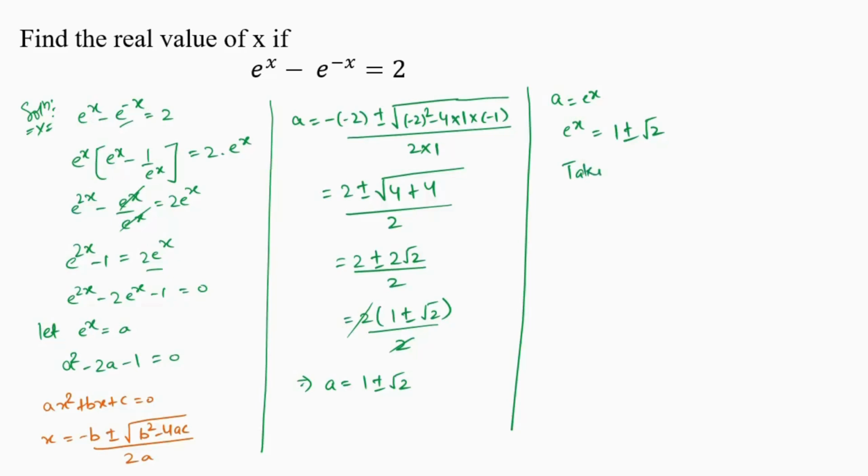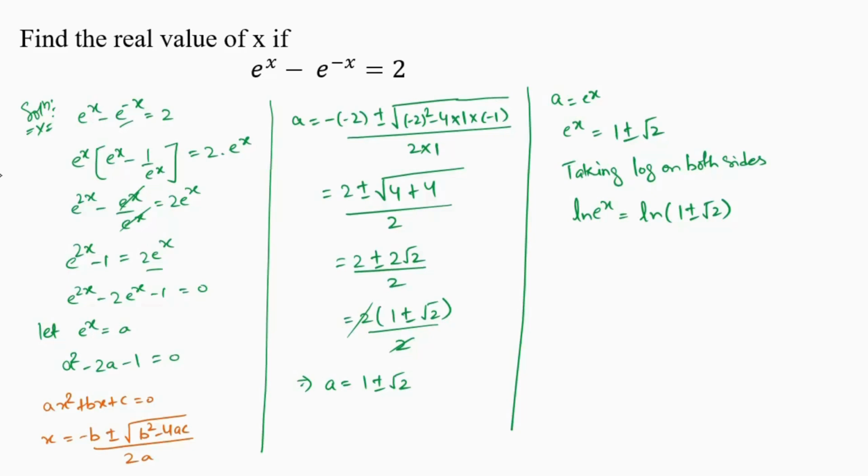Taking log on both sides, we get log e raised to power x equals log 1 plus minus under root 2.